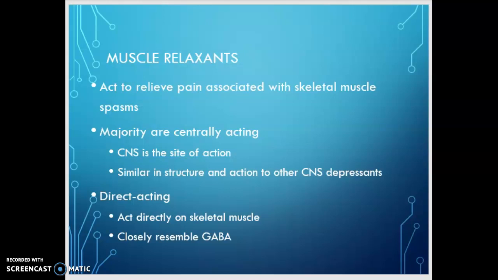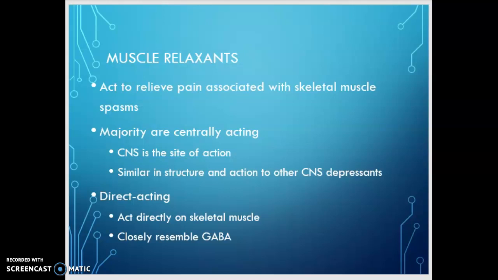Skeletal muscle spasticity, or these spasms that the patient's having, is often a result of a neuronal problem, not a muscle deficit. And so the reflex arc involved in coordinating skeletal muscle action involves several neurons, including interneurons and those in the spinal cord.